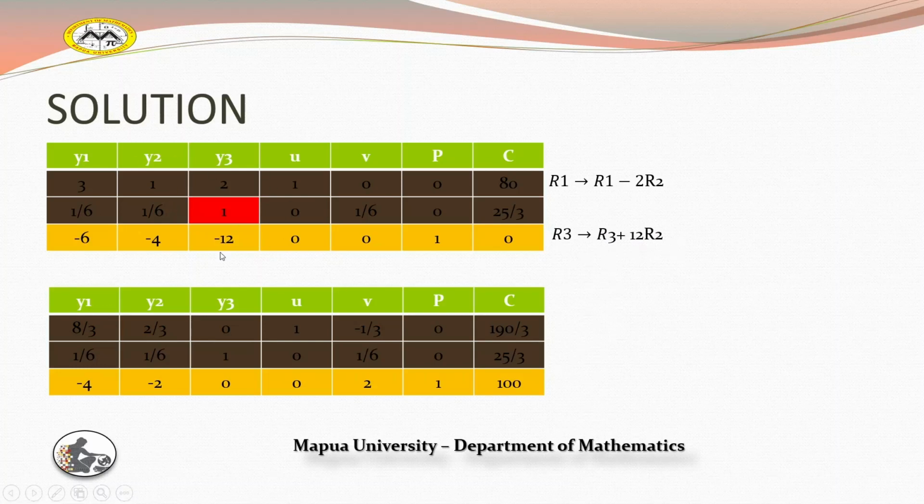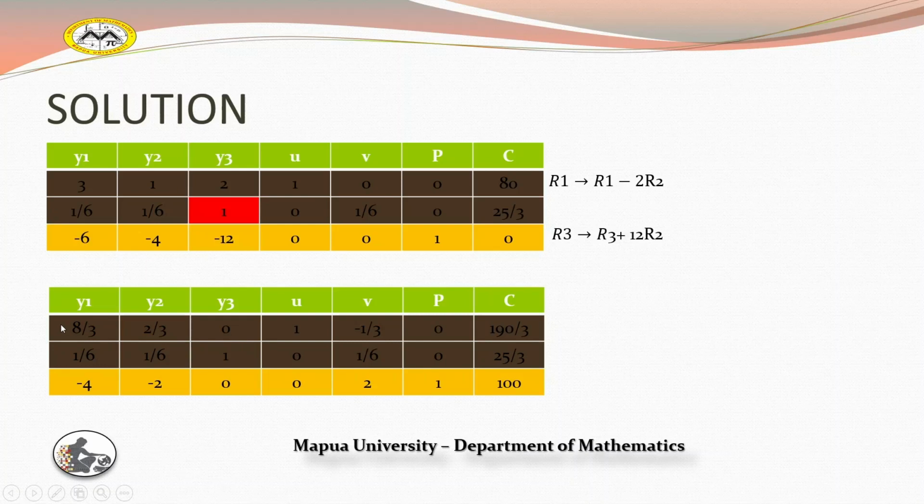And this is now our next simplex table, wherein we replace the elements in row 1 and row 3 by applying these elementary row operations. For the elements in row 2, since we don't have to replace them, we will simply rewrite them on our next simplex table.